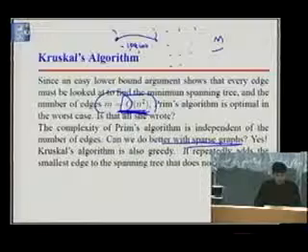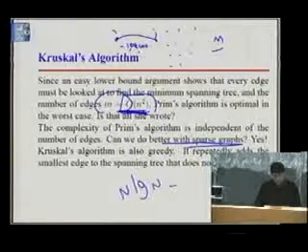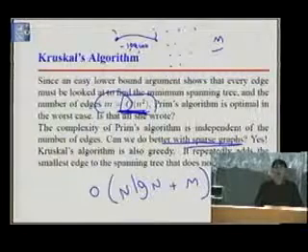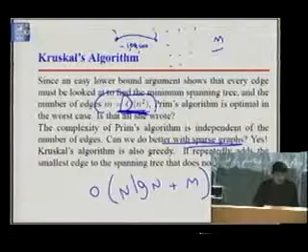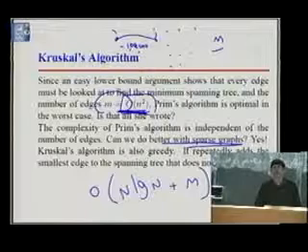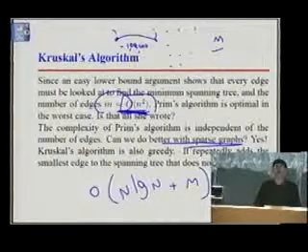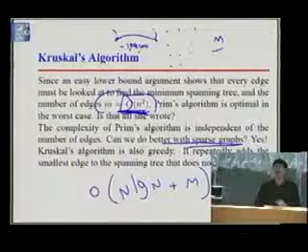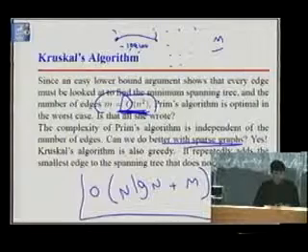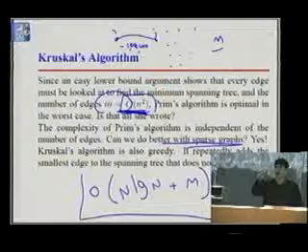What if I had an algorithm that ran in n log n plus m? In the case of dense graphs, what would this be? N squared. In the case of sparse graphs, what would this be? N log n. Does everybody agree that if you can do this, this would seem like a better thing than Prim's? Does everybody agree with that?